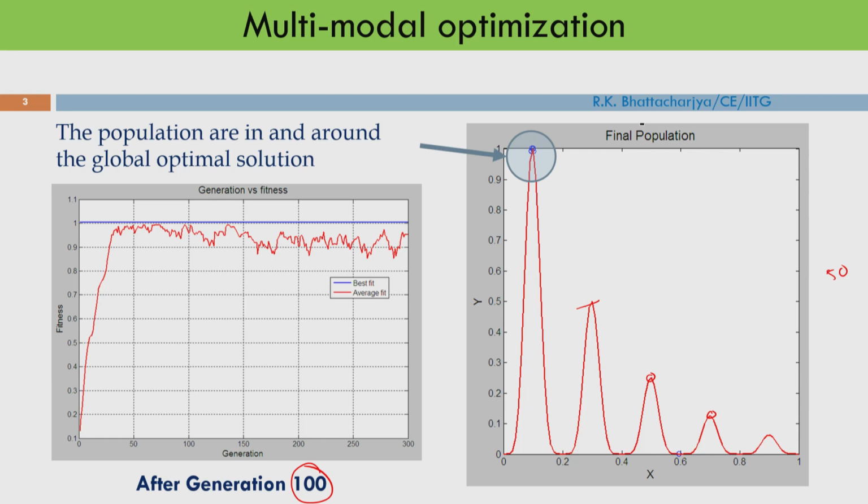Now suppose this global optimal solution is not acceptable and I need a local optimal solution. In genetic algorithm you will only get the global optimal solution.